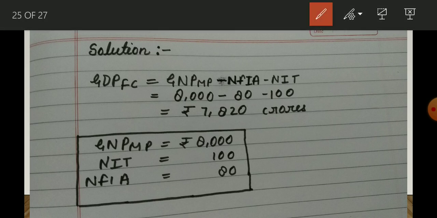In the question, GNP MP is given 800, NIT is given 100, NFIA is given 80, and we have to find out GDP FC. What is given? GNP MP. So the first difference is that here is N and here is D. So when we are moving from N to D, we have to subtract NFIA. When we are moving from MP to FC, then we have to subtract NIT. Now put the values and you are able to find the answer.